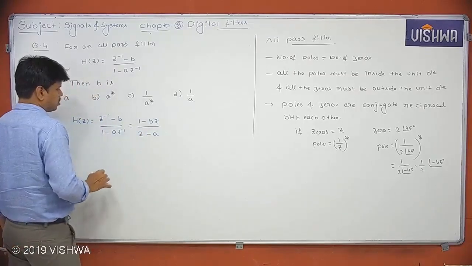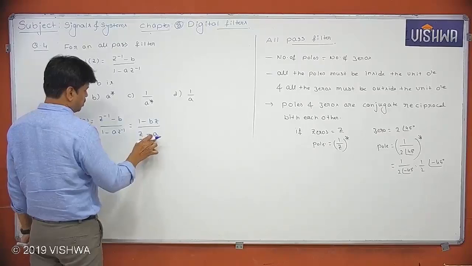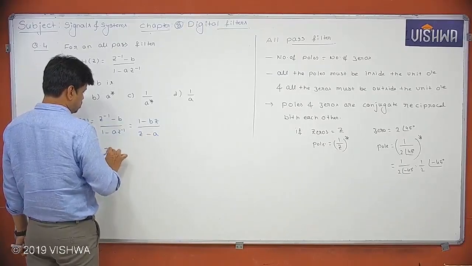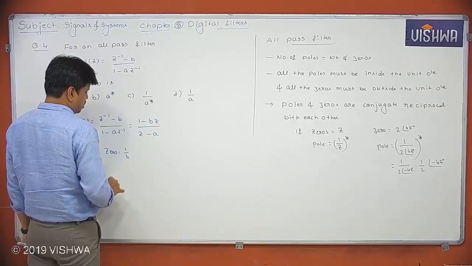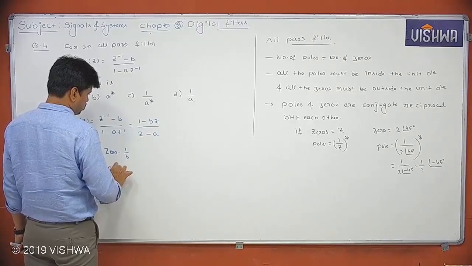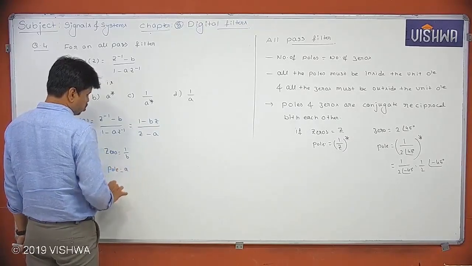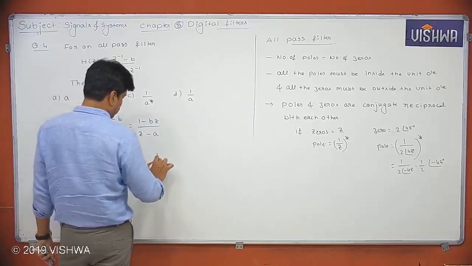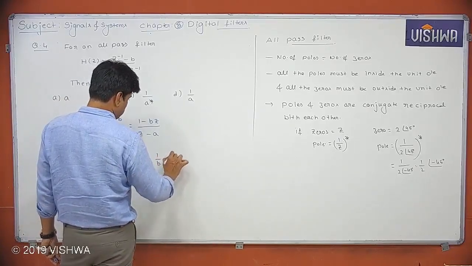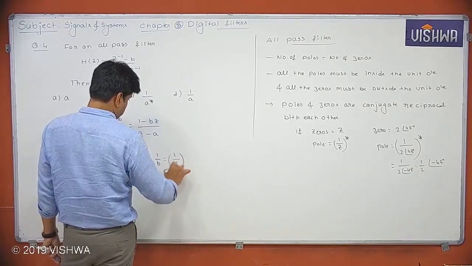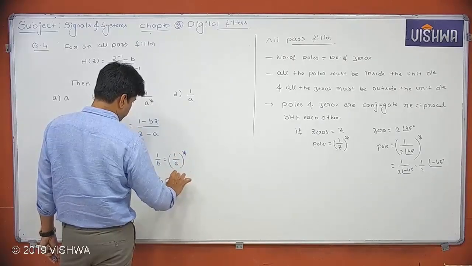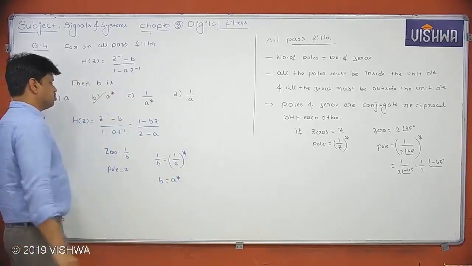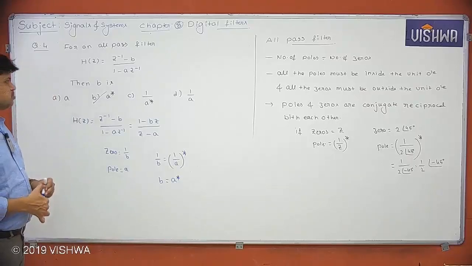So here, the pole is A, and the zero is equal to 1 by B. What should be the relation here? 1 by B, the zero, is equal to 1 by A conjugate. So B is equal to A conjugate. So option B. Clear?